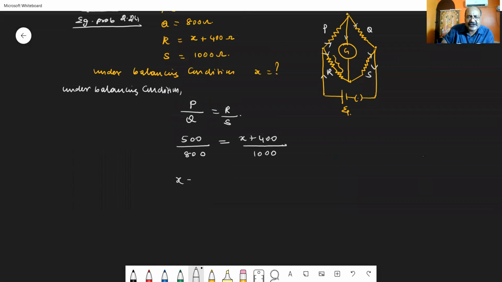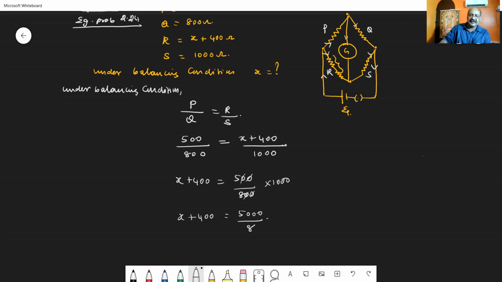Make a cross multiplication. X plus 400 equal to 500 divided by 800 into 1000. So this can be cancelled. So I can write X plus 400 is equal to 5000 divided by 8.